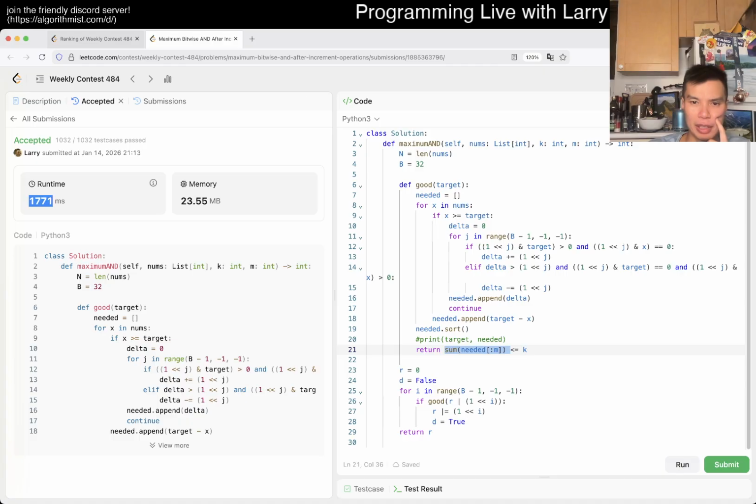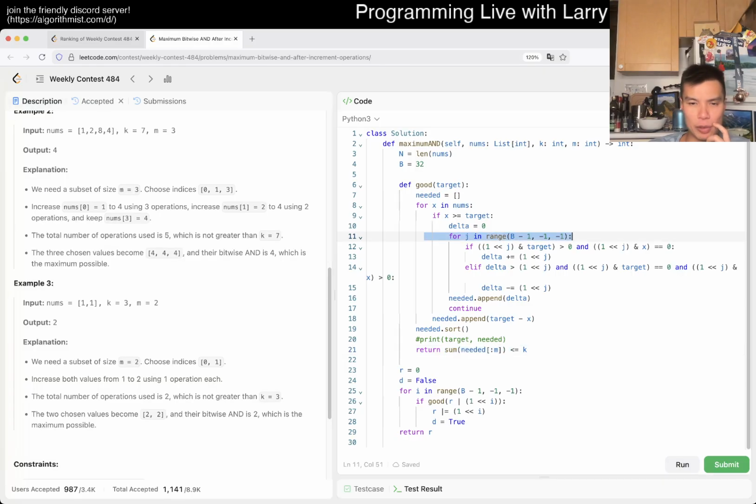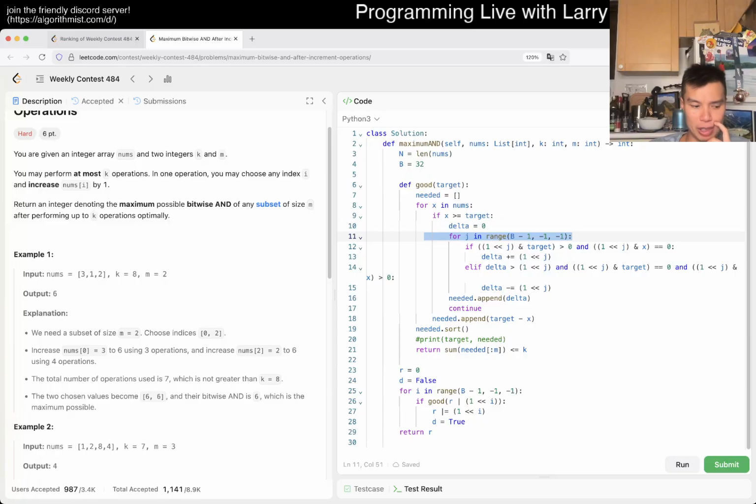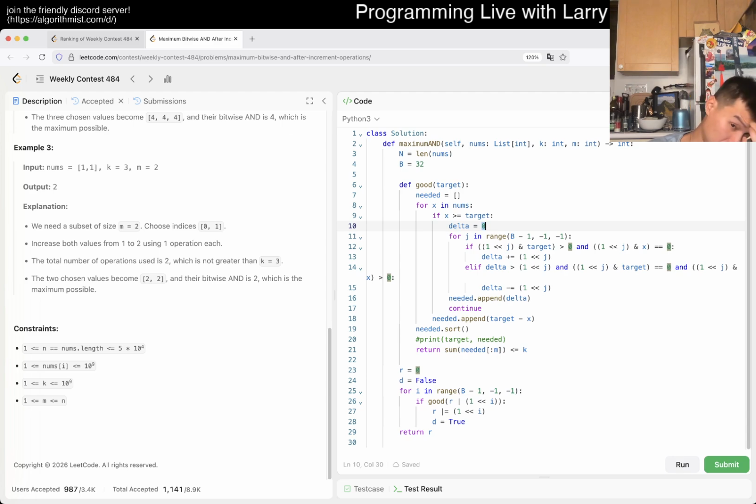1.7 seconds. I actually thought the reason why I didn't want to write this loop, to be honest, was that I thought it would make it much slower. Maybe it is still much slower, but I thought it would maybe make a timeout. Maybe something is to be said about premature optimization, but it was something that I was very worried about. This makes it like b squared times n, which I don't know. Maybe.